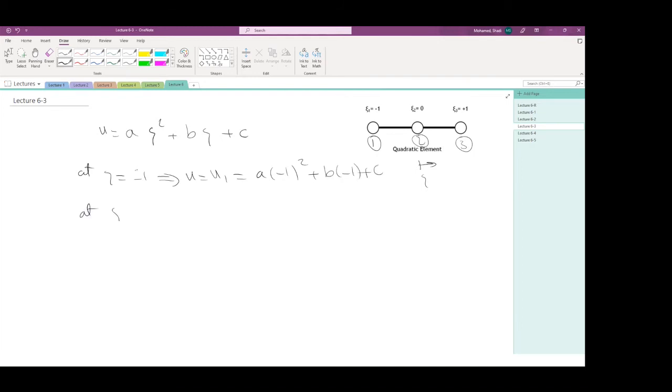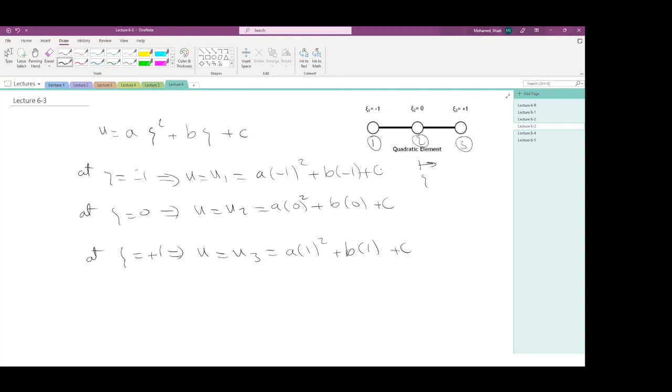And then at xi equal to 0, we have u equal to u2, and this is a multiplied with 0 plus b multiplied with 0 plus c. And then finally at xi equal to plus 1, we have u equal to u3, and this is a multiplied with 1 squared plus b multiplied by 1 plus c.